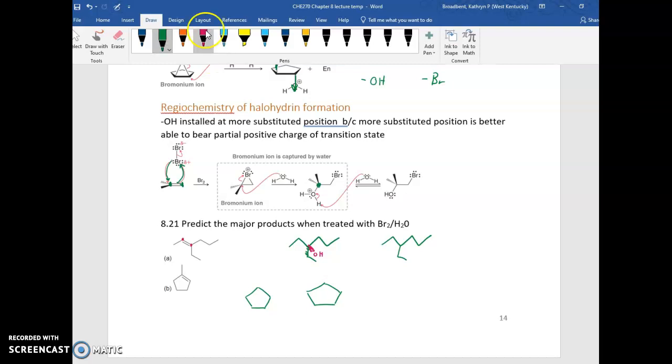If the hydroxy's on a wedge, then when we put the bromine on, we need to put it on a dash. So one's on a dash, the other's on a wedge. Okay, so here we're going to do just the reverse. The bromine goes on a wedge, and we're going to put the hydroxy on a dash, and then we'll have to make this on a wedge.